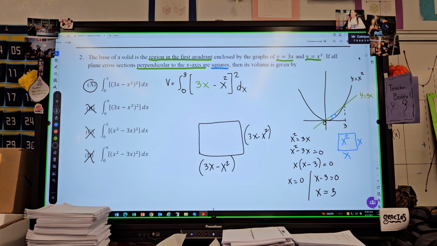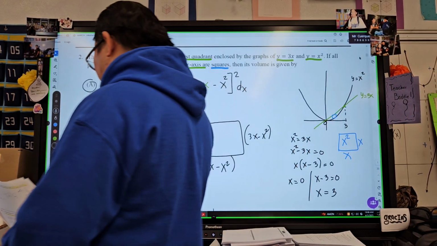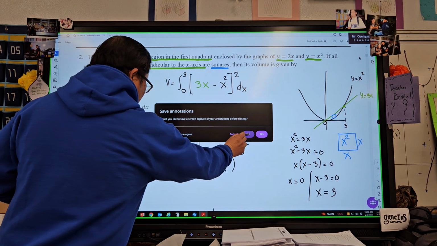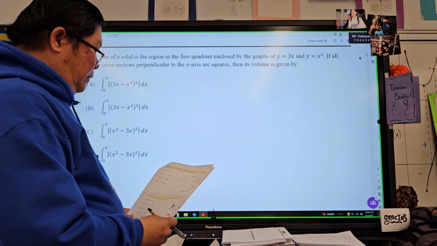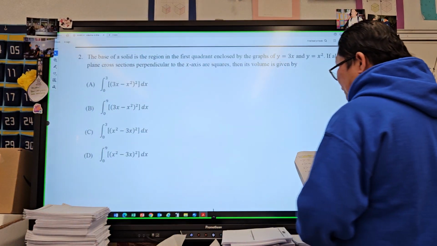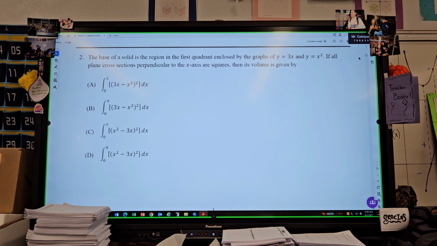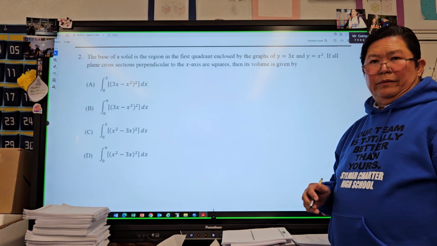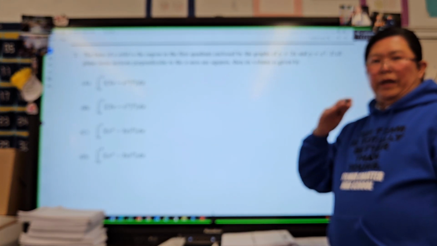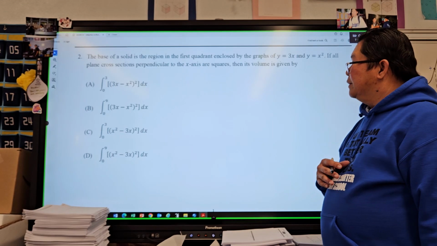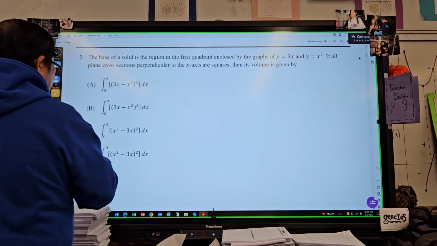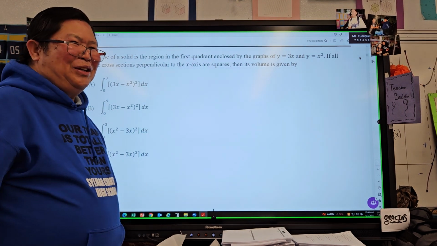So moving on to problem number 3. The base of a solid is a region in the first quadrant. Highlight first quadrant, so we are only after the first quadrant, guys. Chris, can you move this up?